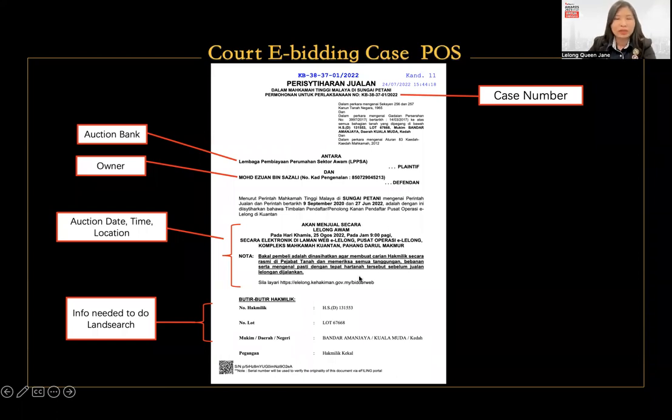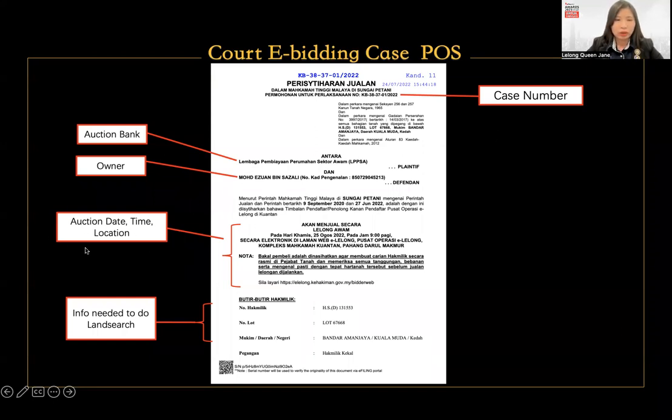Okay, so how can we read the proclamation of sales, the istiharan jualan? In this proclamation of sales, which is the auction notice, we need to see the auction bank, which is Lembaga Pembiayaan Perumahan Sektor Awam, LPPSA. This is the finance department of the government, and the owner will be stated here, and the case number is here.